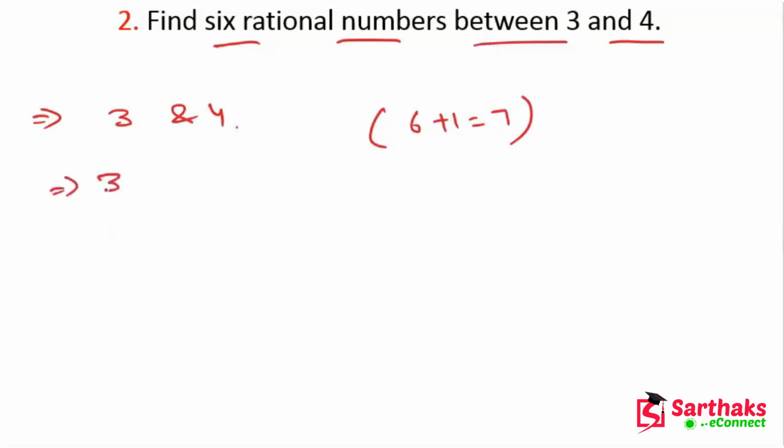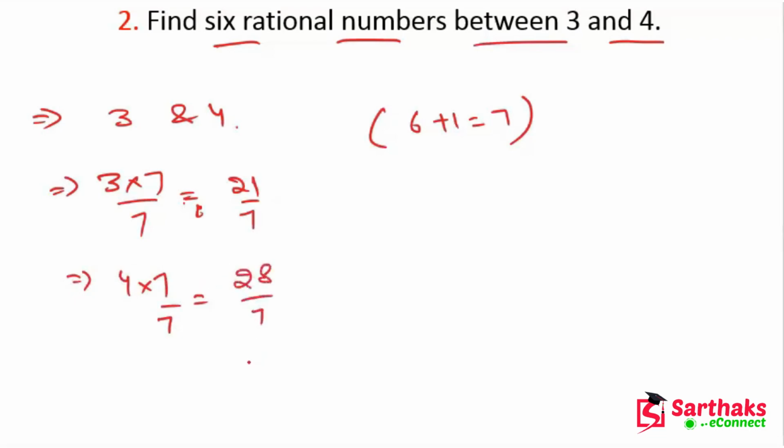So we get 3 into 7 upon 7, which is 21 upon 7. In the case of 4, we again multiply by 7, so we get 28 upon 7.